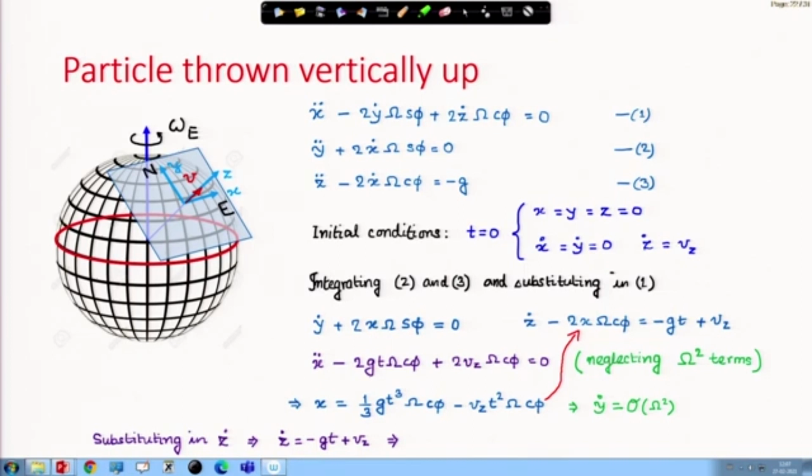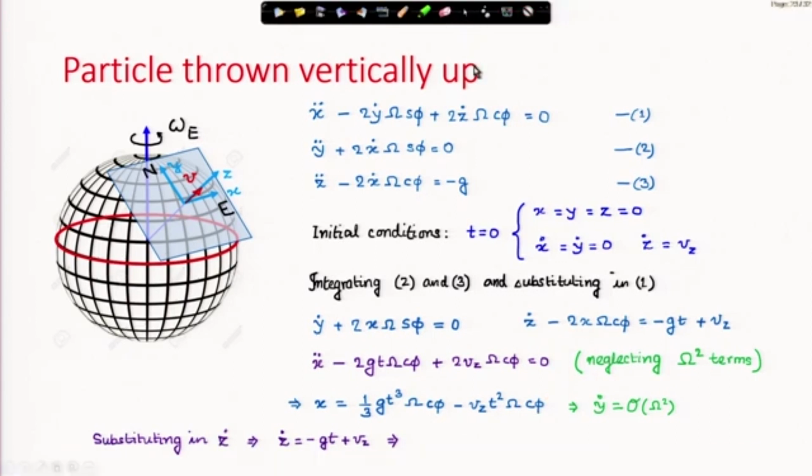The correction comes in omega square. Therefore, the motion of the particle in the vertical direction follows our usual expression, which is initial velocity times t minus half g t square.